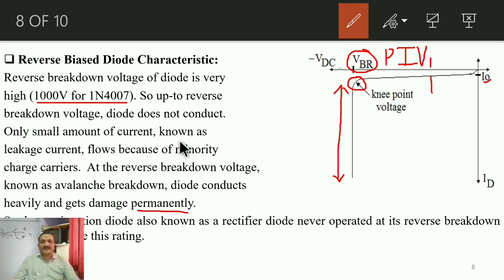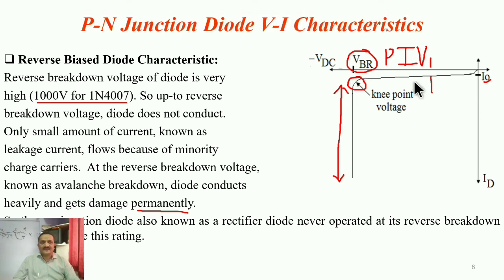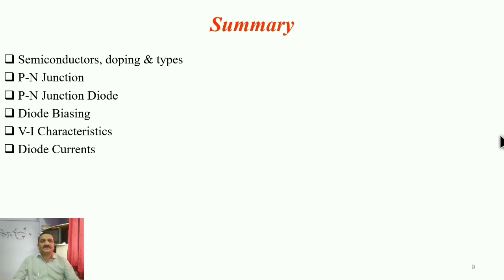If 230 volt RMS is directly connected across the diode for rectification purposes, the maximum reverse voltage we are applying is the peak voltage, minus 325. That is still very small compared to the rating of this diode, 1000 volts, so it will not get damaged. This is just for your basic knowledge, that's why I took that example.